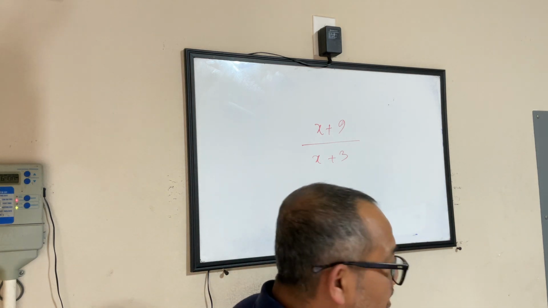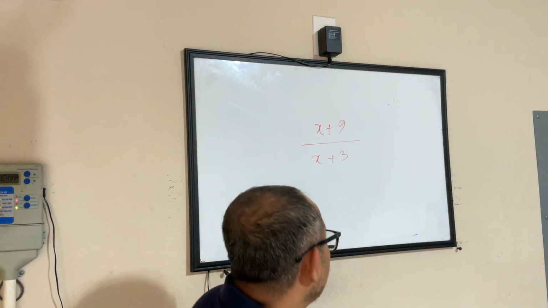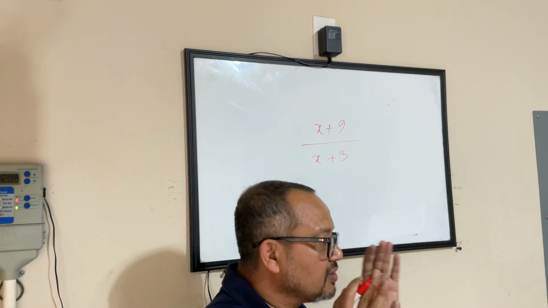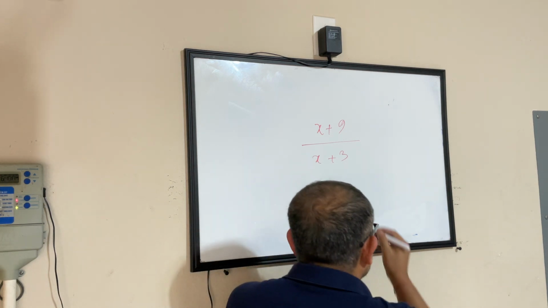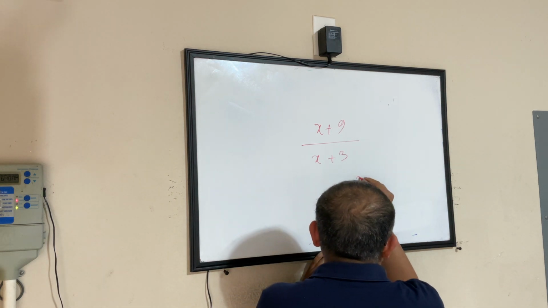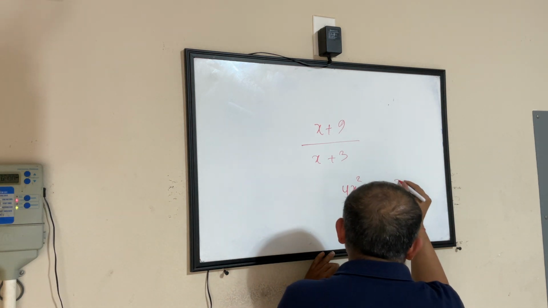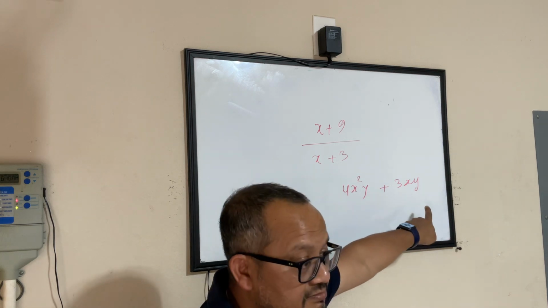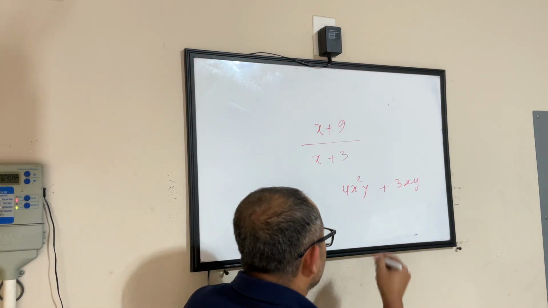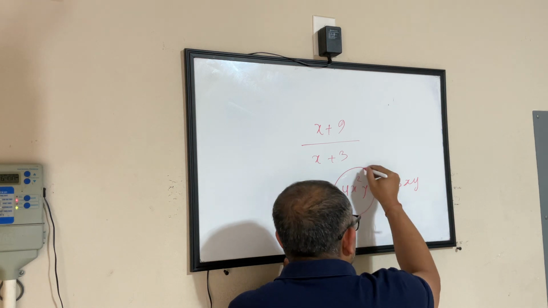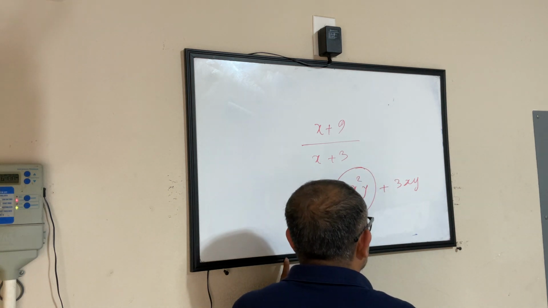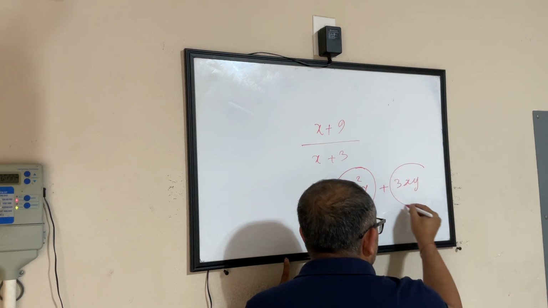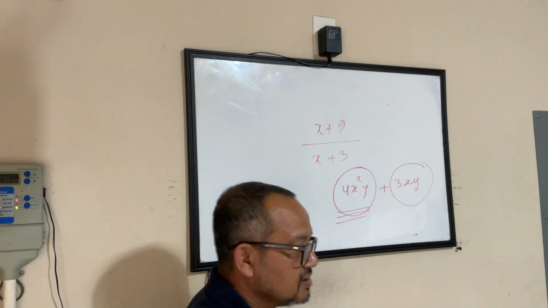So, okay, now look at this. When you're dealing with polynomials, there are a couple of basic formulas, concepts that you have to keep in mind. Let's say I have 4x squared plus y plus 3xy. First thing is these two are not the same. A very stupid example: if I call this potato, this is eggplant probably.